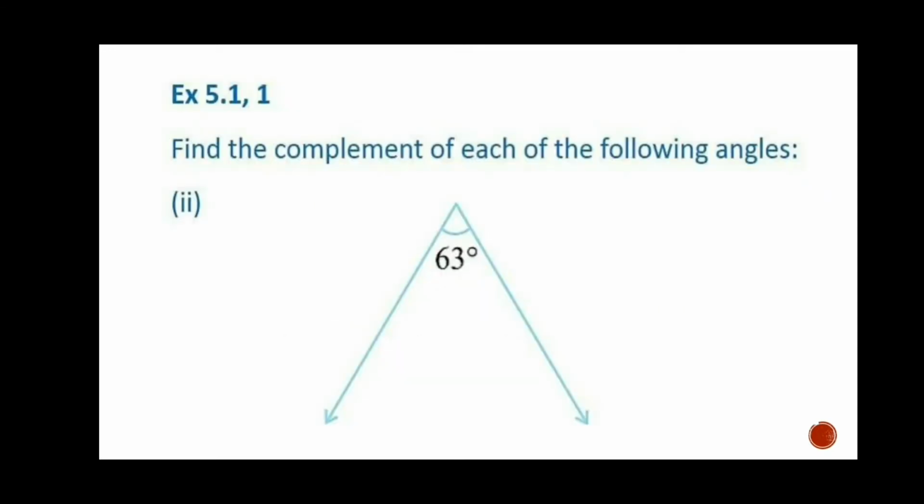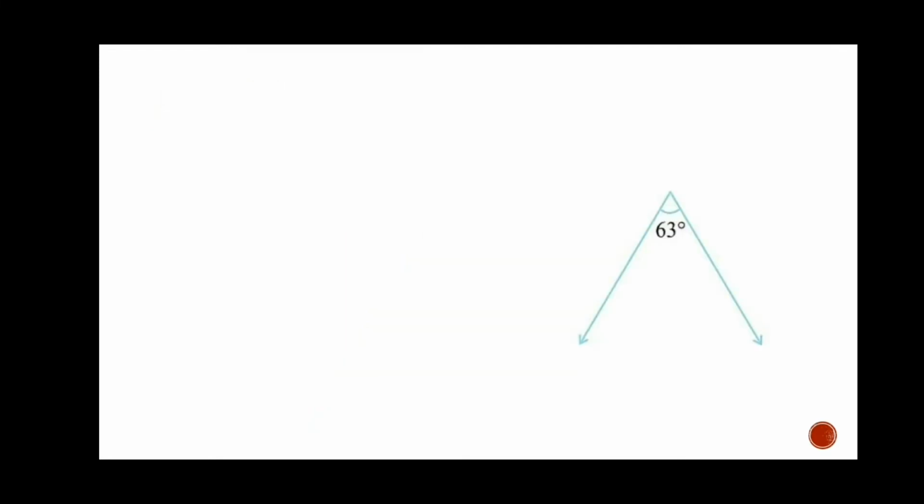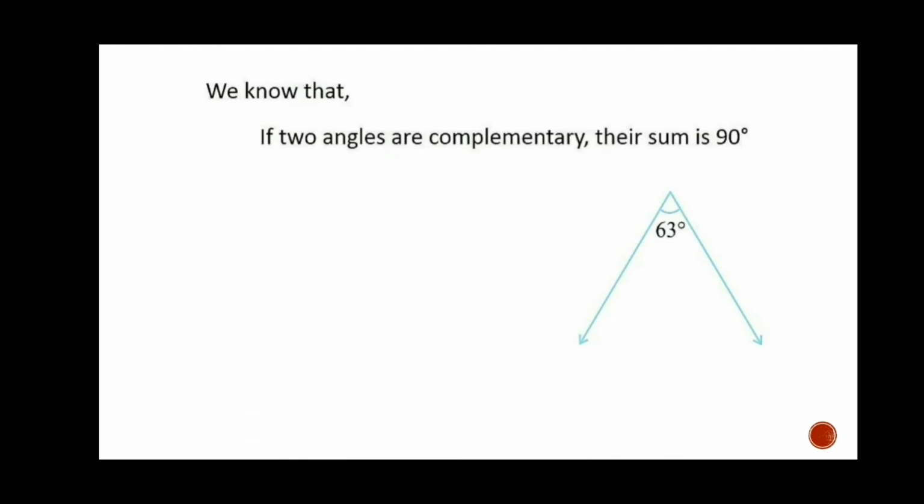Now in the same question number 1, the second part is given, that is 63 degree. So we need to find the complementary angle of this 63 degree. So same process we will follow. We know the sum is 90 degree. So angle 1 plus angle 2 will be 90 degree.